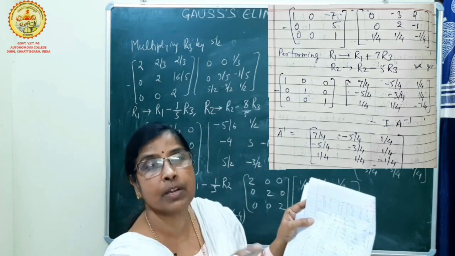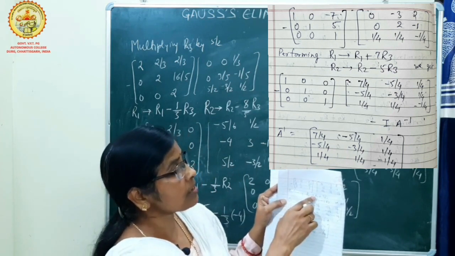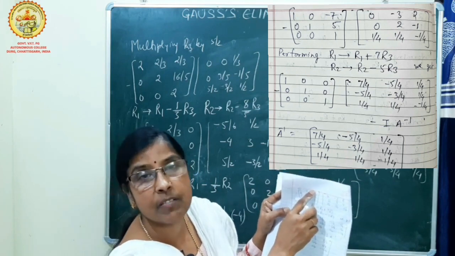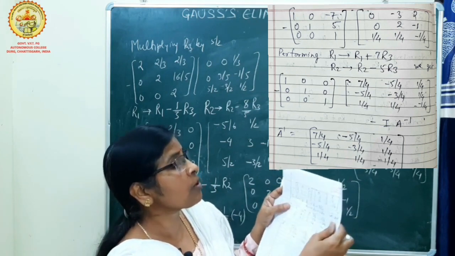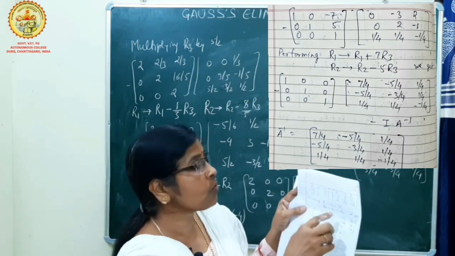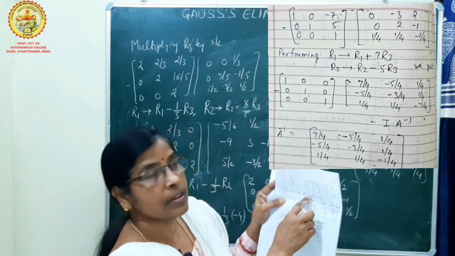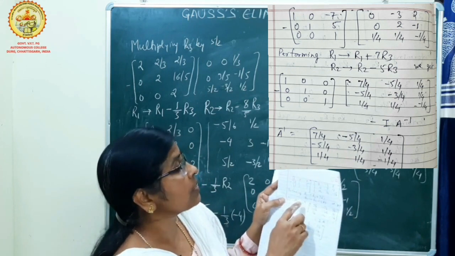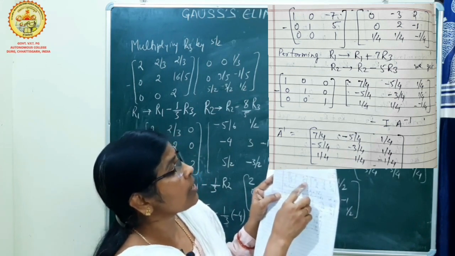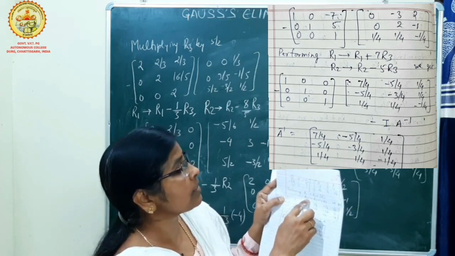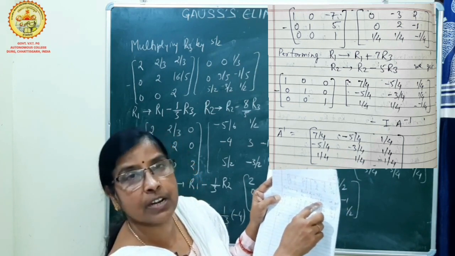Now again performing an operation, R1 as R1 plus 7 R3, because here the number is minus 7. To make this number 0, we have to add 7 times R3. That means R1 is R1 plus 7 R3, and the R2 number is 5, so we can convert 5 into 0 by taking R2 as R2 minus 5 R3.